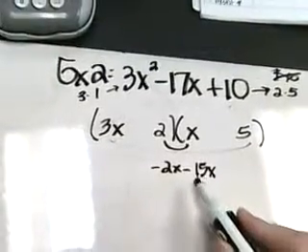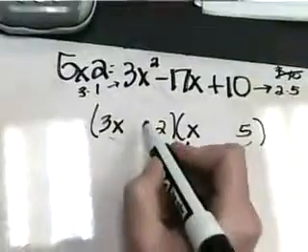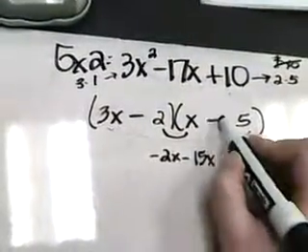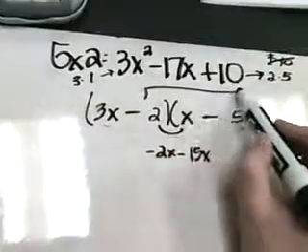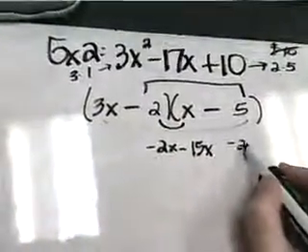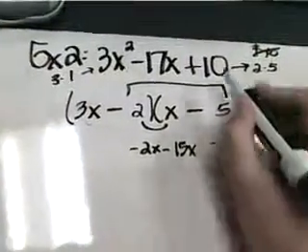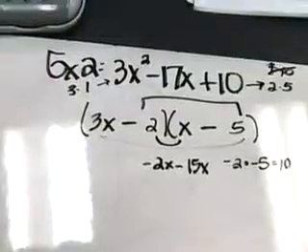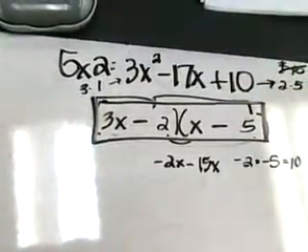Negative 2 minus 15, same signs, would give me negative 17x. So that means both of these guys have to be negative. But let's do our final check. Do I still get a positive 10 when I multiply negative 2 times negative 5? Yes, I do. That gives me a positive 10, just like I was supposed to get here. Here is my final answer.